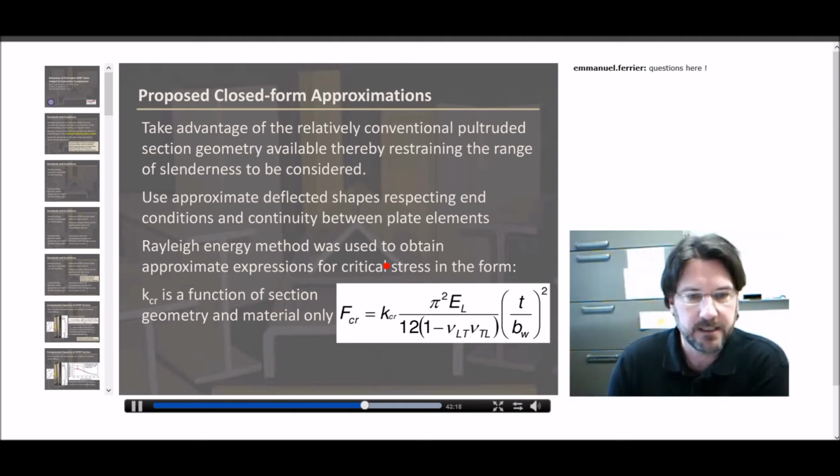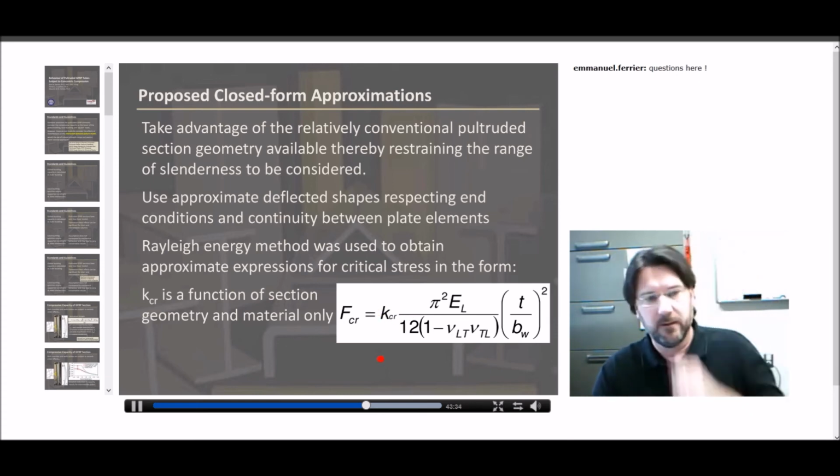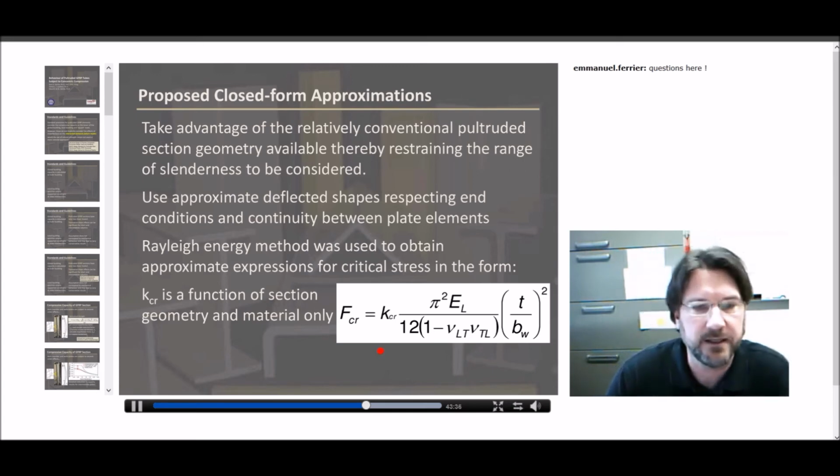Using energy methods, we obtained approximate expressions for the critical stress in a form that's familiar to most people dealing with buckling stresses. And so we have our plate geometry and then a factor associated with the conditions in situ. And K critical is a function only of the section geometry and the materials.